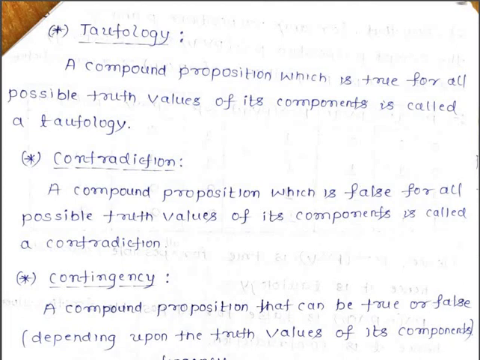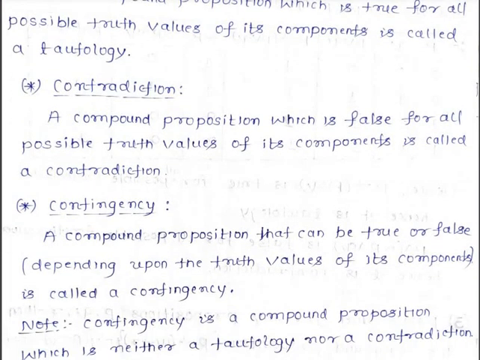Something else we have is called contingency. A compound proposition that can be true or false depending upon the truth value of its components is called a contingency. It can be either true or false, that we call contingency. We have come across many truth tables consisting of true and false values.